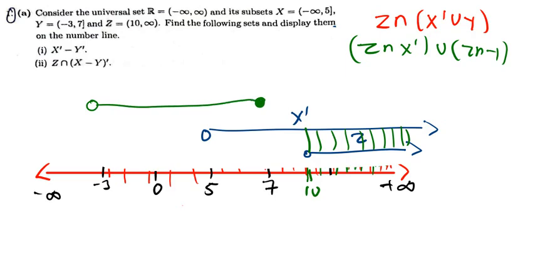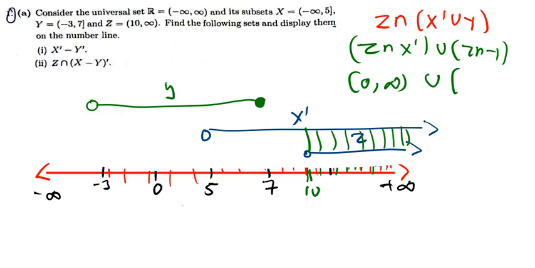That's my Y. Now I can clearly see that Y and Z, they are not intersecting. So the intersection of this is the empty set. The intersection of Z and X complement is 10 all the way to positive infinity, union.